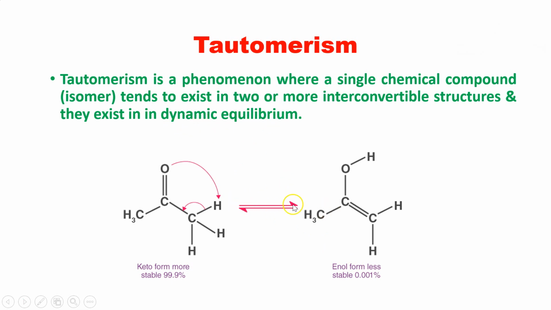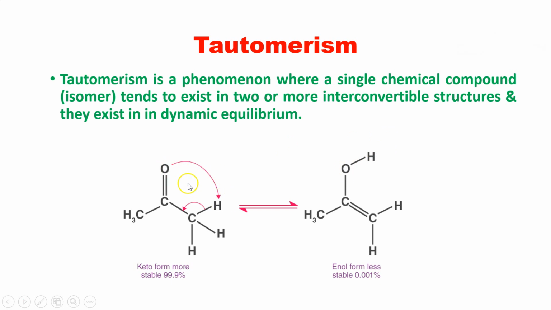So that is why they are said to tend into a dynamic equilibrium. Dynamic means they are reversible. This reaction is reversible, or the structures are reversible, so that is why it tends to be a dynamic equilibrium. Only the change is that here it is having a keto functional group, and here the change is that it is having an enol functional group or alcoholic functional group. And here you can see that electrons are being donated towards a hydrogen, and now hydrogen gets attached with the oxygen.